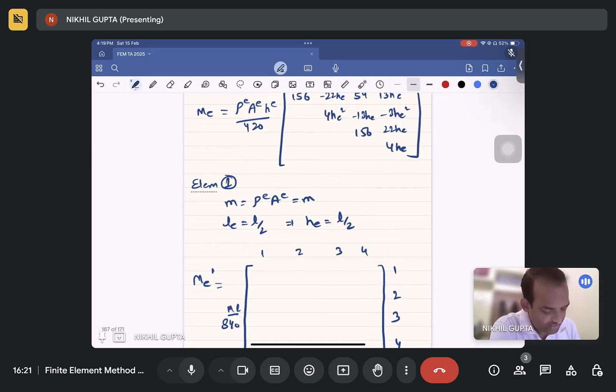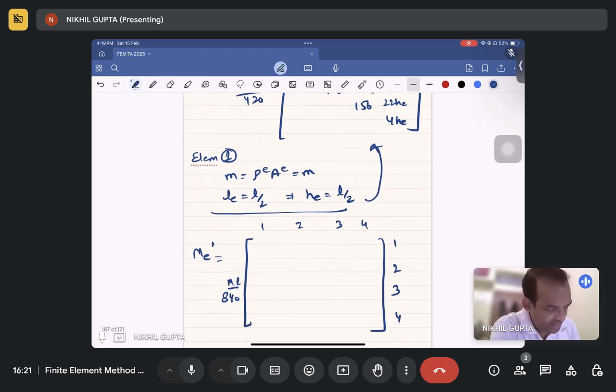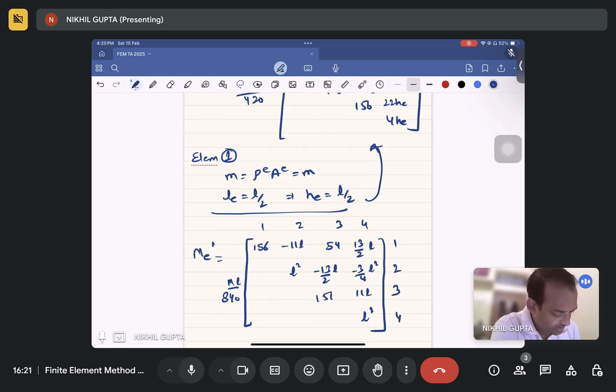So what we are doing, we are substituting all these values in this and getting the elemental mass matrix for element 1. So this will be 156, it will not change. This is 11L, this is 54, then 13 by 2L, then L square, minus 13 by 2L, minus 3 by 4 L square, then 11L, then L square, and 156. When you substitute, you will get this.